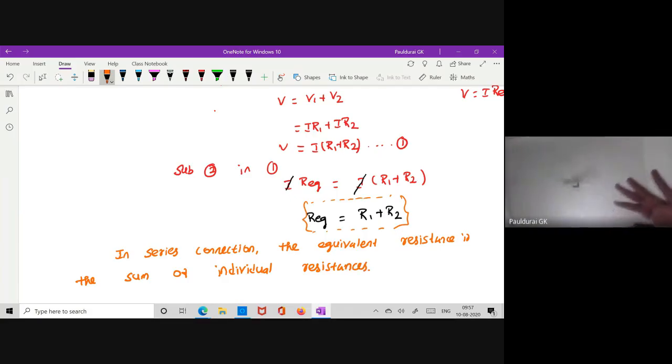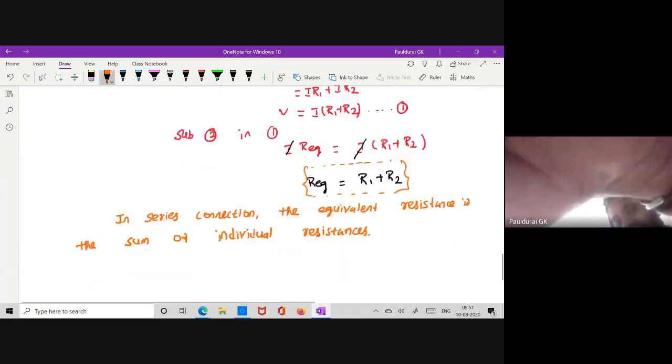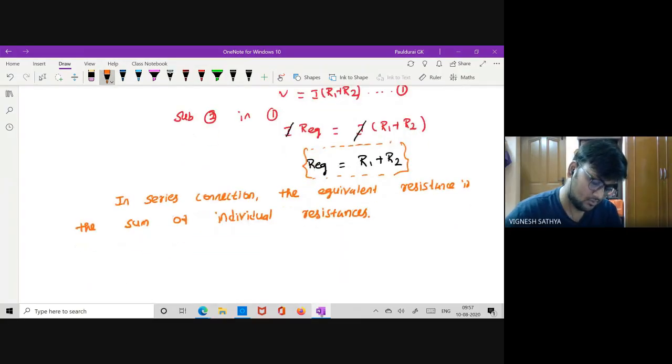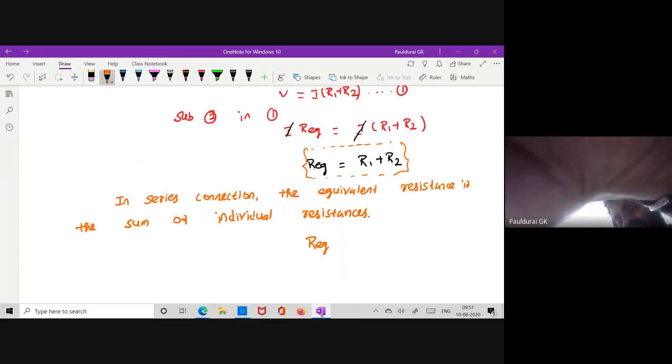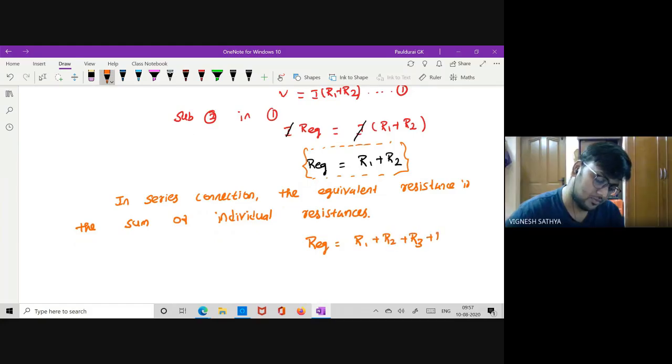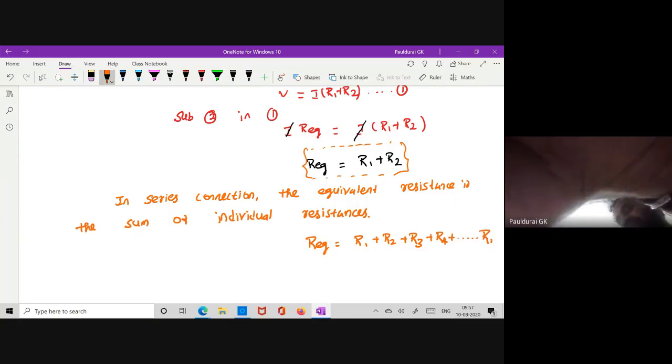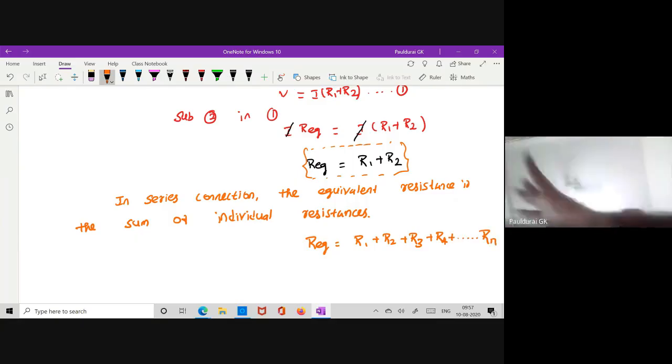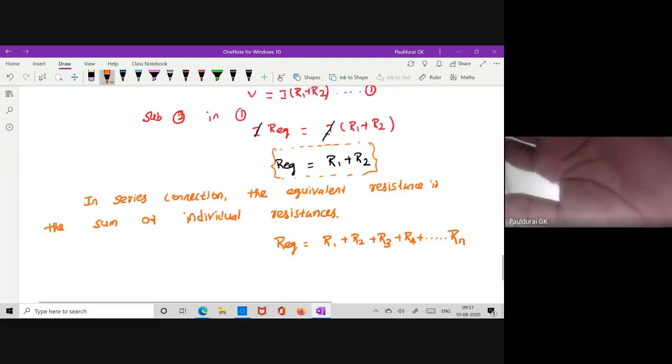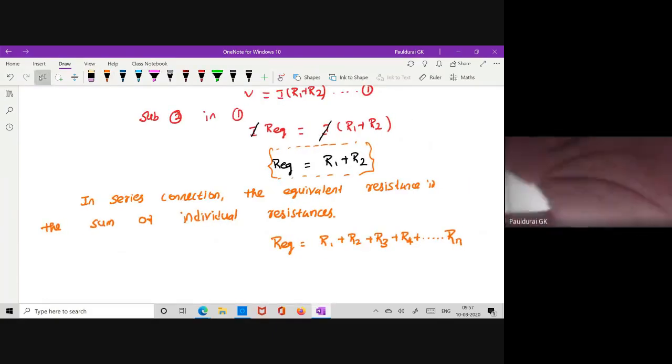Suppose I connect 3 resistors in series, what is the equivalent resistance? R1 plus R2 plus R3. With 4 resistors, R1 plus R2 plus R3 plus R4. Suppose I connect n such resistors in series, what is the equivalent resistance? Simply add all the resistances.